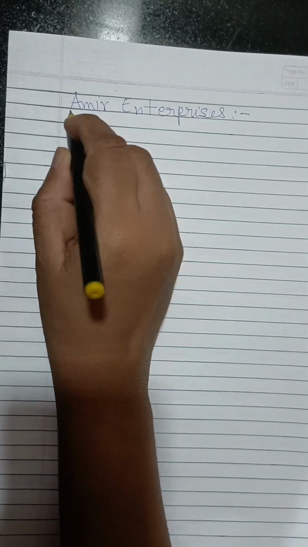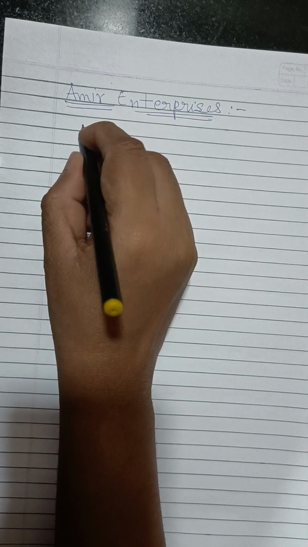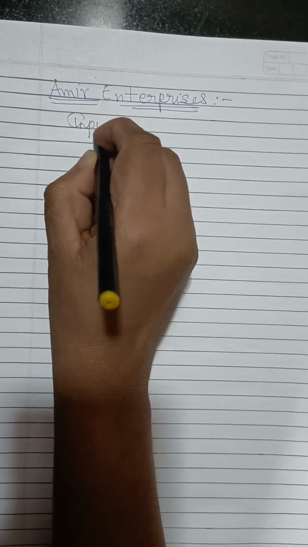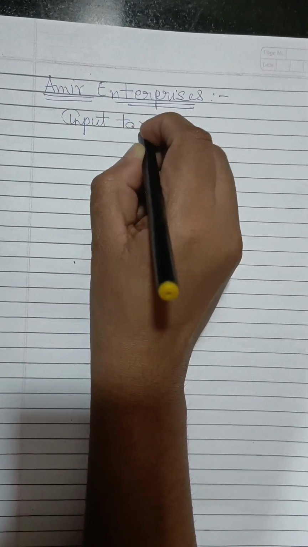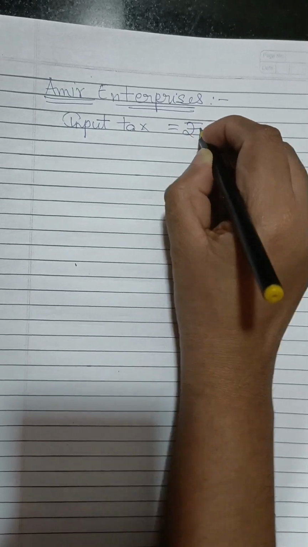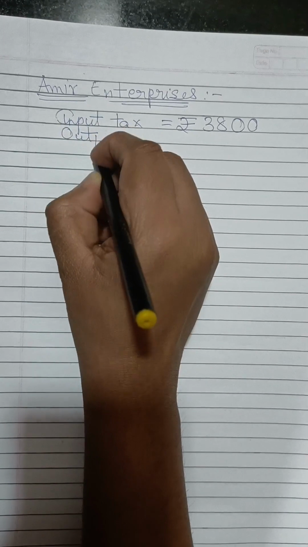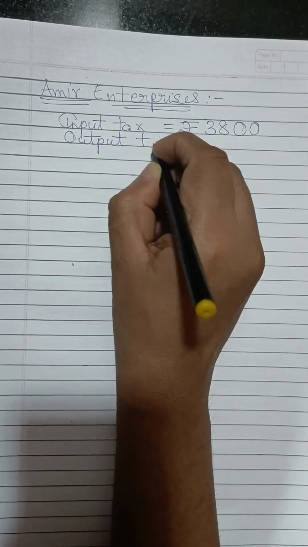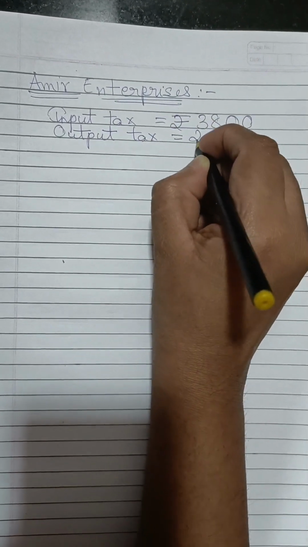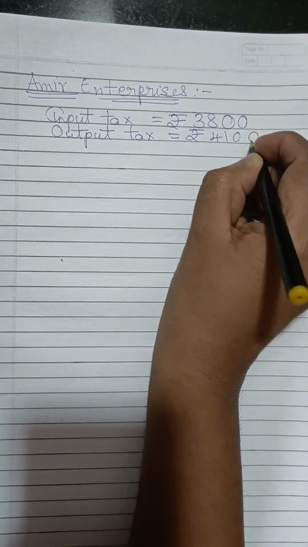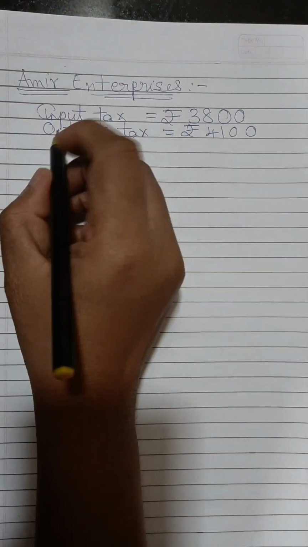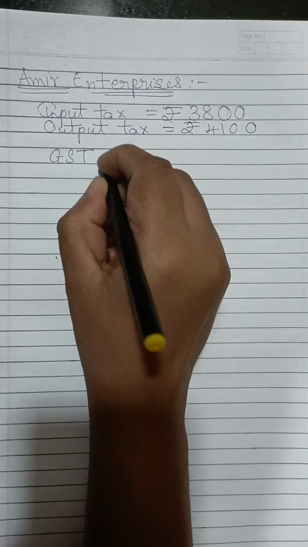So how much do they have? I'm just writing IT. You can write it as input tax. Okay, I'll write input tax is equal to 3,800. And the output tax, how much did they take from Akbari? 4,100. Correct?